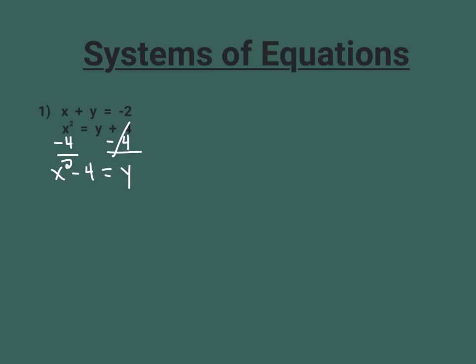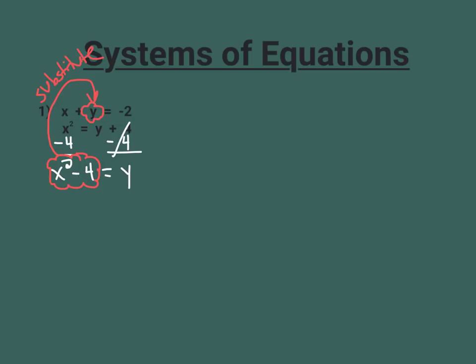Now, since we have y by itself, if y is equal to x squared minus 4, then what I'm allowed to do is take what y is equal to and substitute it in for y into this other equation. Okay, so I'm just going to substitute what y is equal to in for y into the other equation.